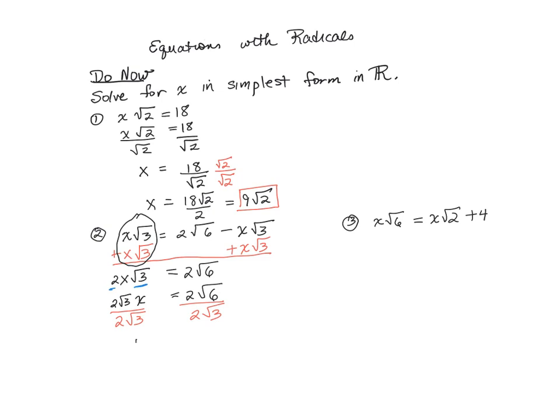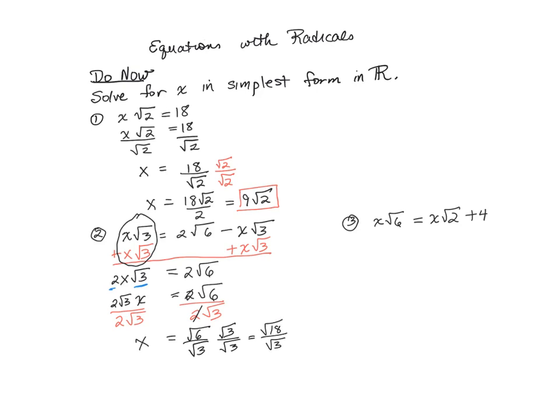And we get x equals, now the 2's drop out, and we get root 6 over root 3. And there are lots of ways to simplify that. We can rationalize the denominator by multiplying the top and bottom by root 3 over root 3, in which case we get root 18 over root 3.